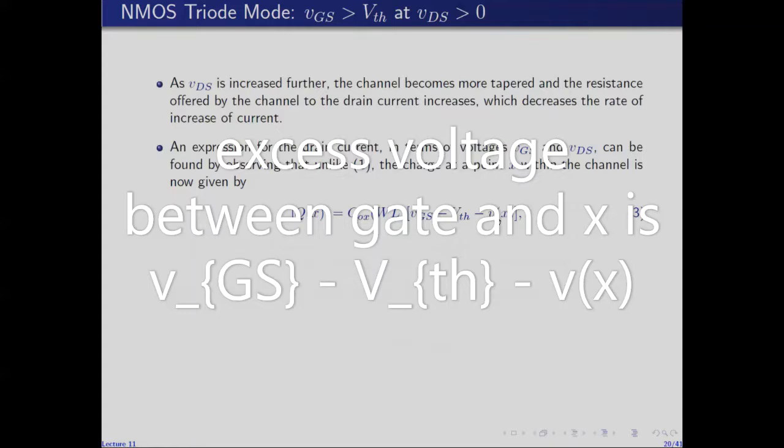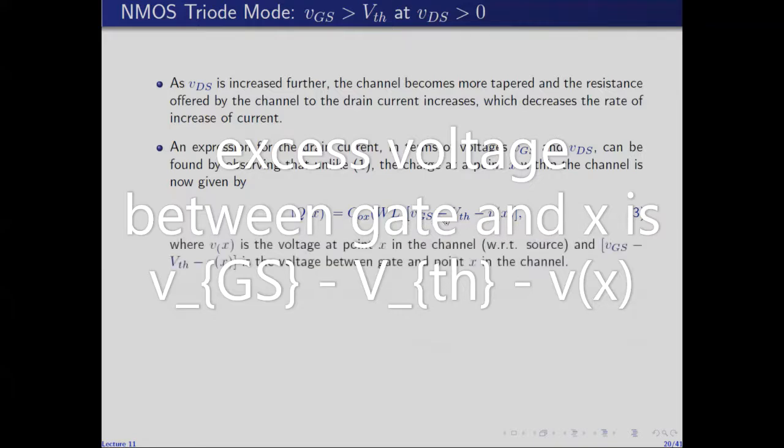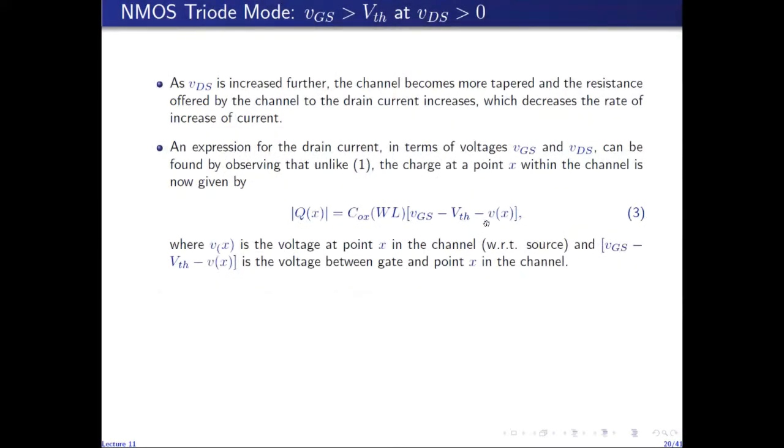Previously Vx was 0, but now Vx is not 0 anymore. So the voltage between the gate electrode and a point x in the channel is given by VGS minus V threshold, which is the overdrive voltage, minus Vx. This makes the magnitude of the charge within the channel a function of the point in the channel x.